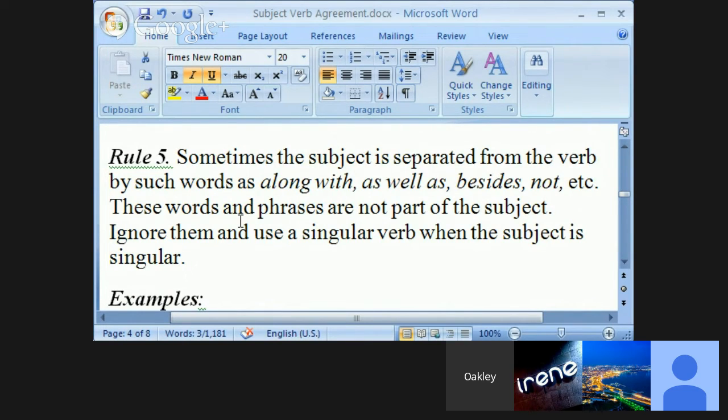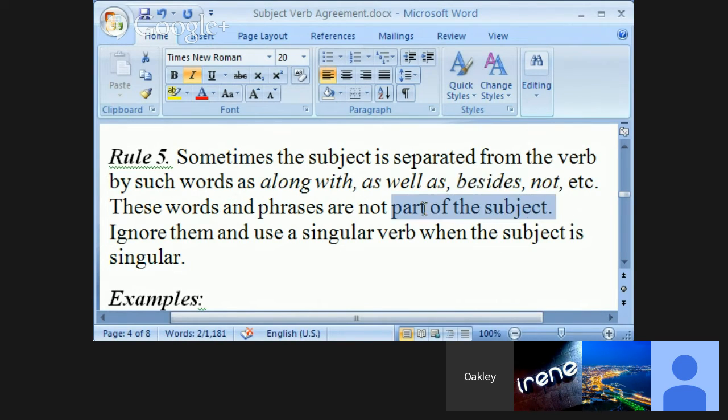Okay, we're looking at some of the more perplexing, disturbing, maddening rules for subject-verb agreement. Here we go. I'm just about to introduce another. So, here it is. Sometimes the subject is separated from the verb by words, or even phrases, along with, as well as, besides, phrases that start with these words.